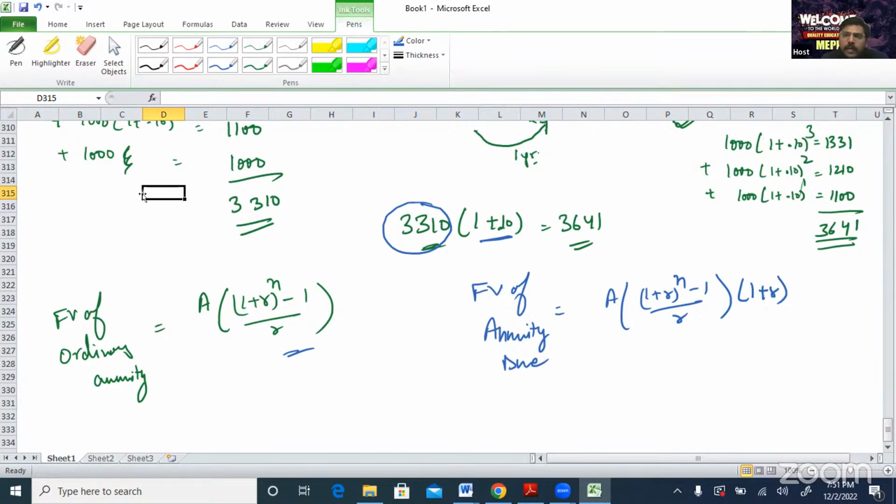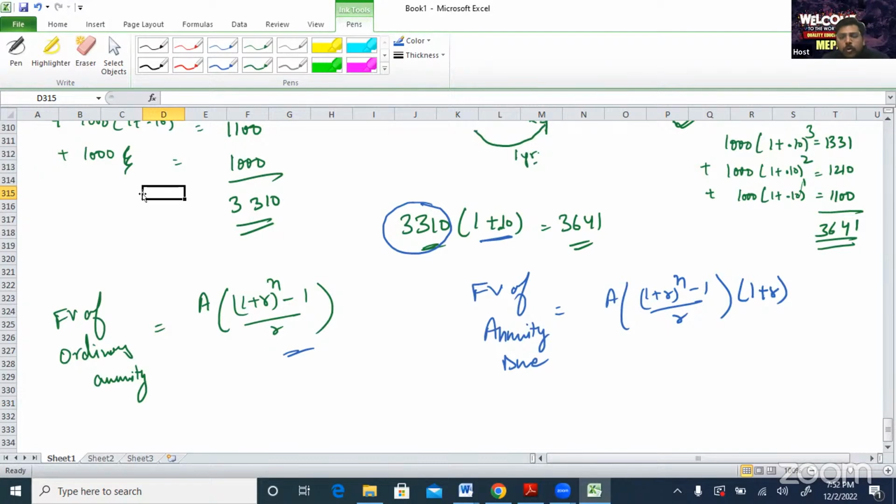Only that change will happen. So I put minus 1000, press PMT, and then compute future value. That is coming 3310. So by default in your calculator, it is coming 3310. So it means by default, it is on which mode? It is on end mode.